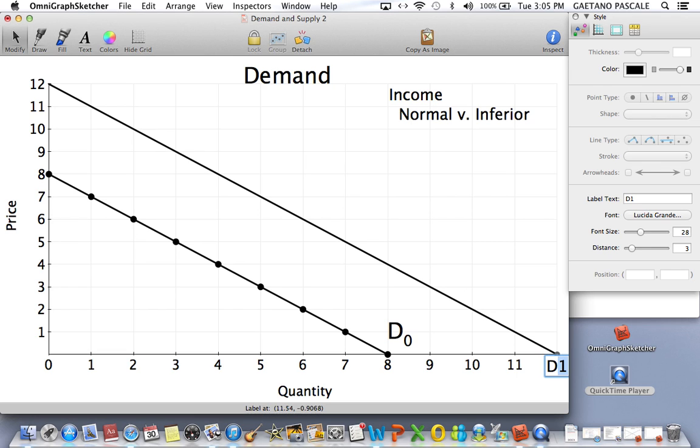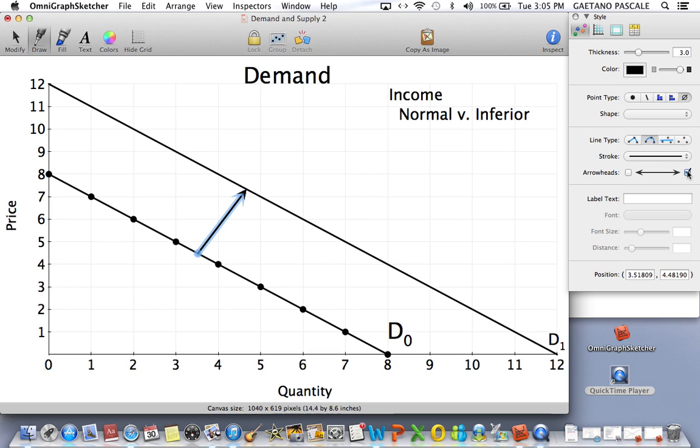So our new demand curve will have shifted outward. So if we have an increase in income for a normal good, the demand for that normal good increases.